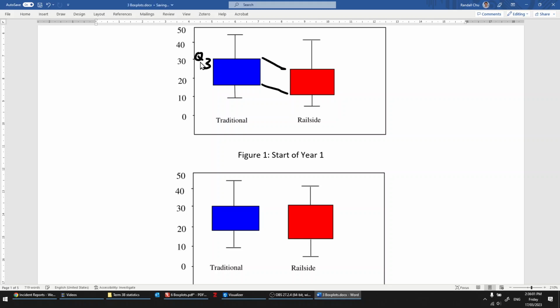I don't think you're listening up the back. So Q3 and Q1 are there. Can you see before they started, Q3 was lower in the modern group, and after the teaching, Q3 has actually caught up. Before they were behind, and now they've caught up to the traditional teaching method.